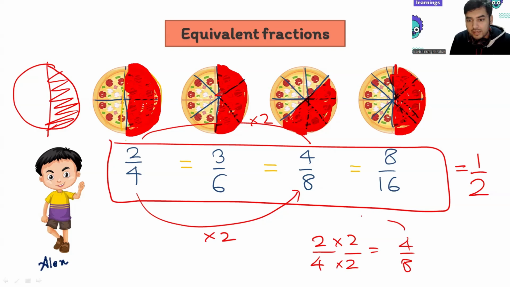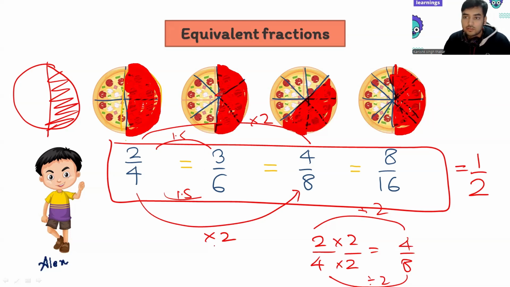Same way, when I divide by 2, I get 2 over 4. Now 2 over 3, you must be saying 2 can be converted to 3 when you multiply it by 1.5. If you multiply by 1.5, this would be 3 over 6. So these are equivalent fractions.